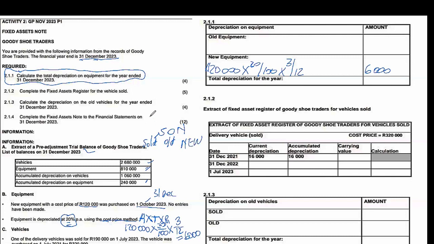On behalf of our equipment, first things first, we are calculating equipment. Our equipment bought, meaning the new asset, had depreciation of 6,000. There was no asset disposal on behalf of equipment, so we don't have sold. So sold is going to be 0.